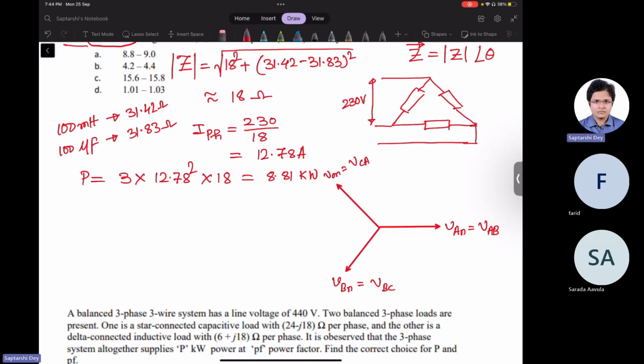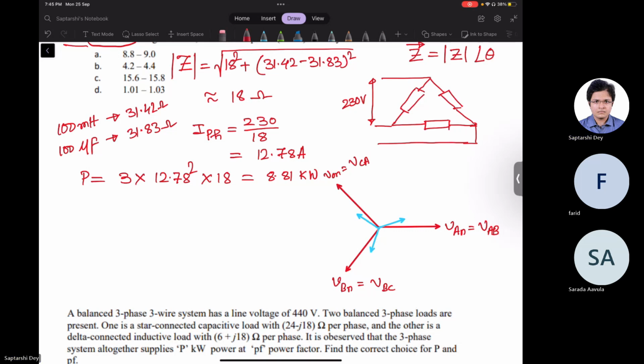Now, I said that the phase current is a bit leading. I will intentionally draw it leading to give you an idea how to draw. This is the A phase current, leading phase A by a small angle, then the phase B current and phase C current.